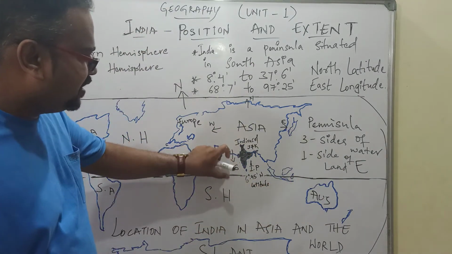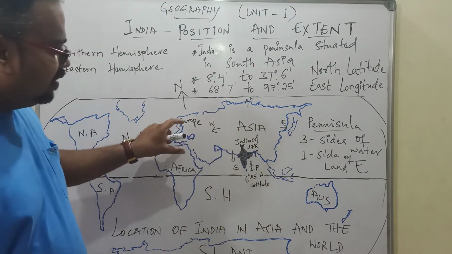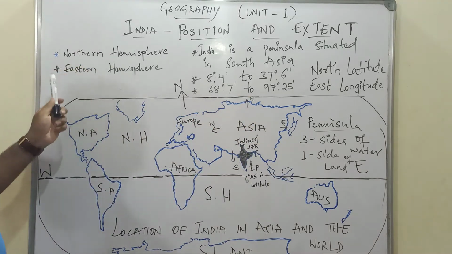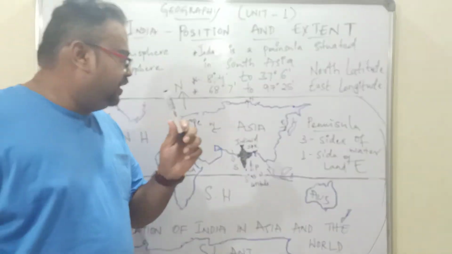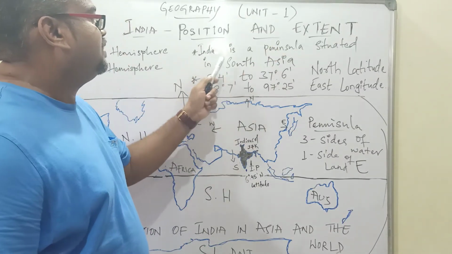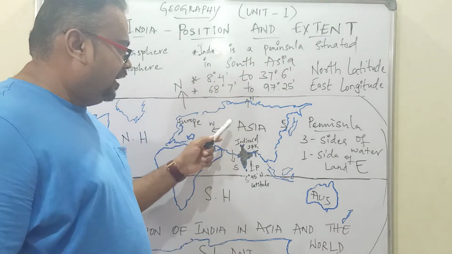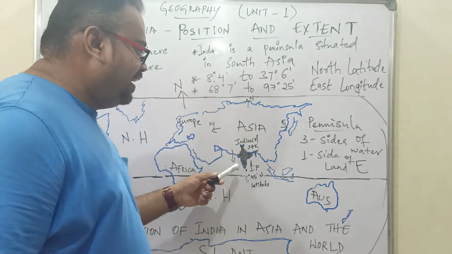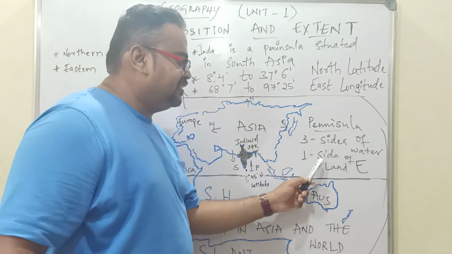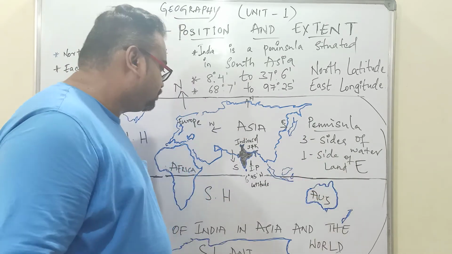India is positioned in the north and towards the east, which is why it's in the northern hemisphere and eastern hemisphere. You are clear? Next, India is a peninsula situated in South Asia, in the southern part of Asia, with 3 sides of water and 1 side of land.